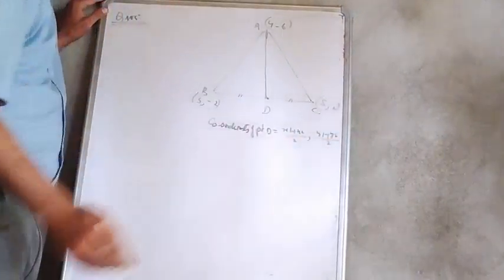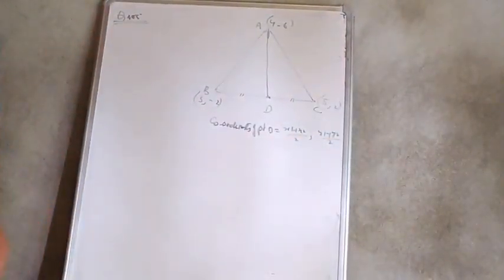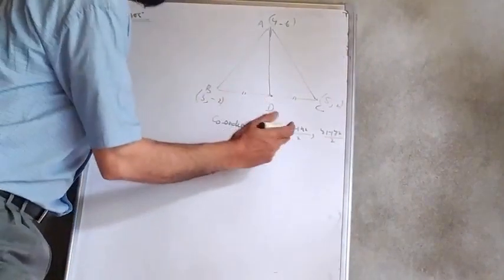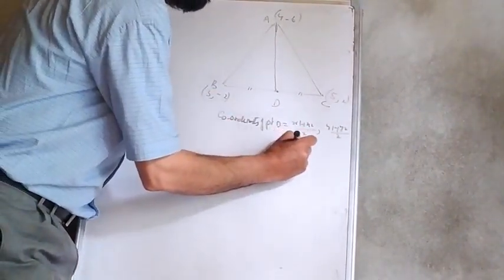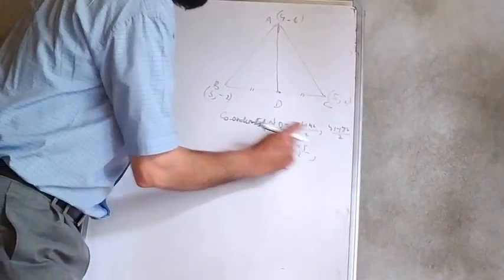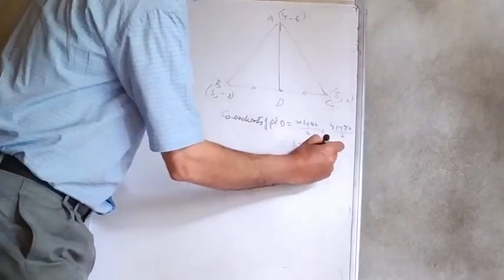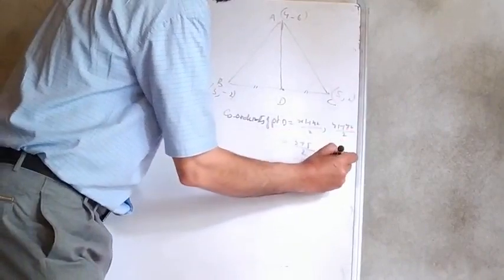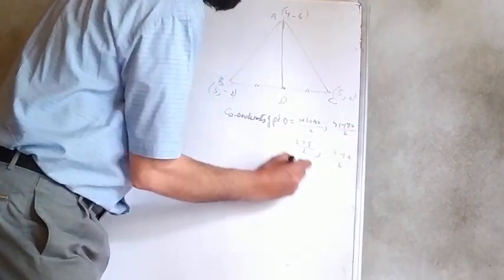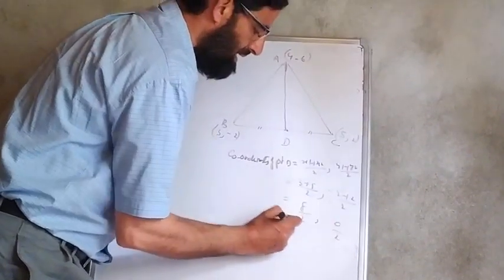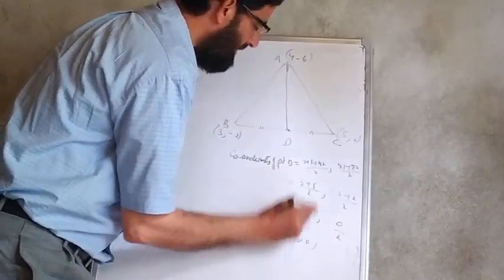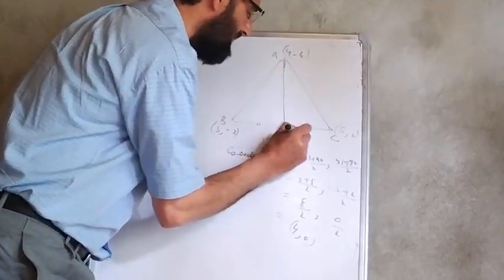You know it, we have already discussed it in the section formula. So here it is (3 plus 5) divided by 2, and (-2 plus 2) divided by 2. This is 8 by 2 and 0 by 2, that is 4 and 0. So D has coordinates (4, 0).